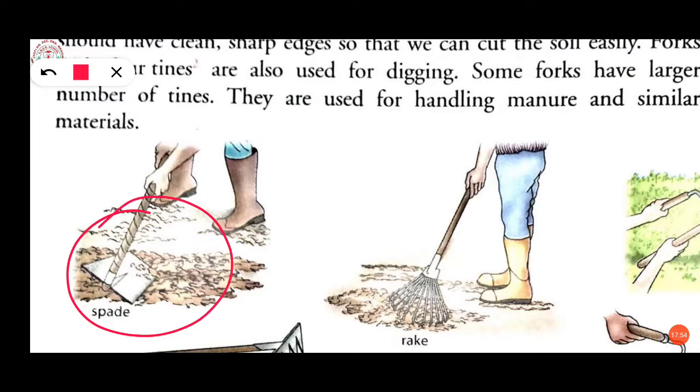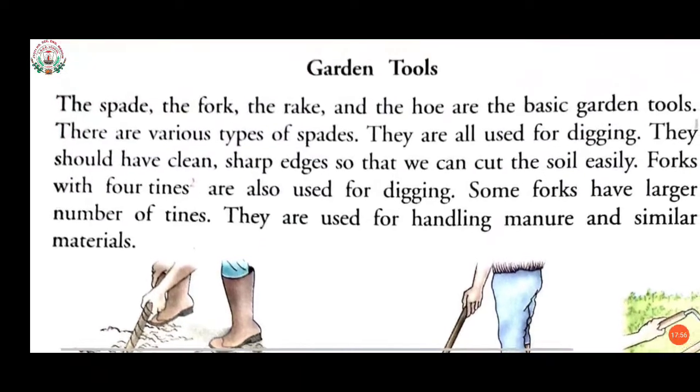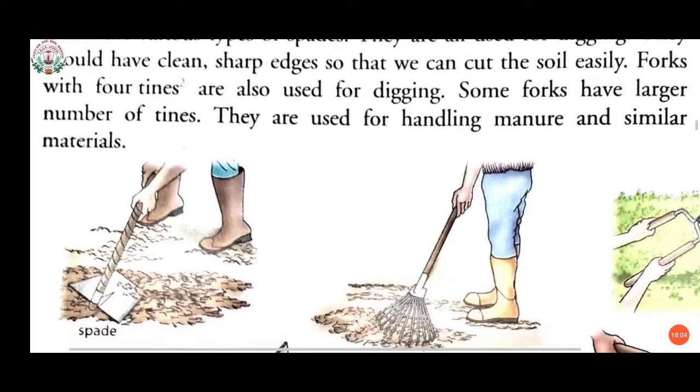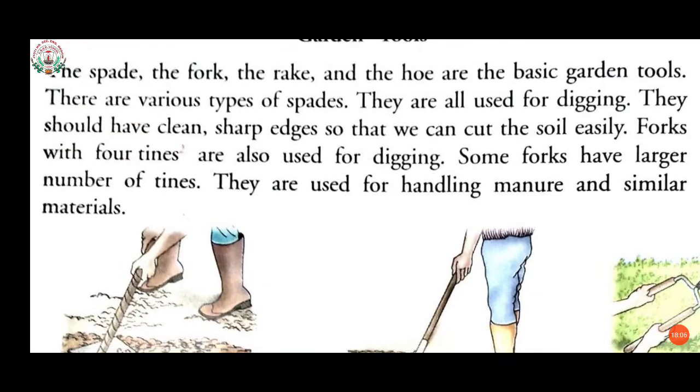They should have clean sharp edges so that we can cut the soil easily. The edge of this spade should be sharp so that we can remove the soil easily.